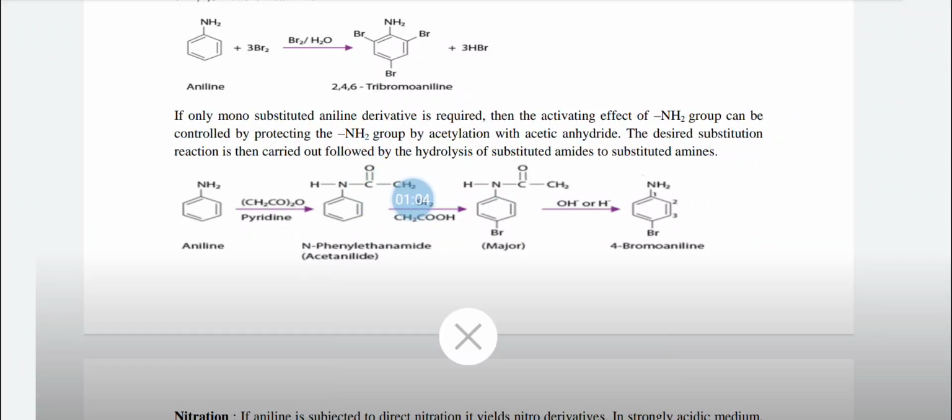It is acylated, and that is the N-phenylethanamide, which on bromination in the presence of acetic acid gives the para product as the major product, and further on hydrolysis it can be converted into 4-bromoaniline. That is, a monosubstituted product can be obtained by protecting the NH2 group.